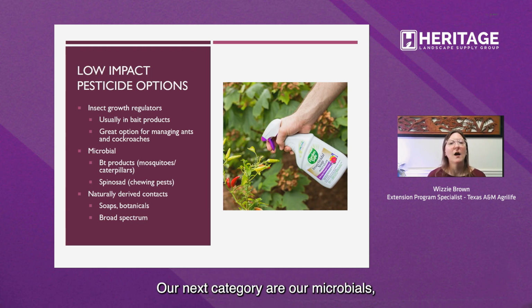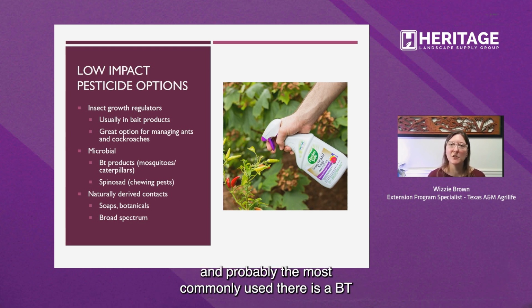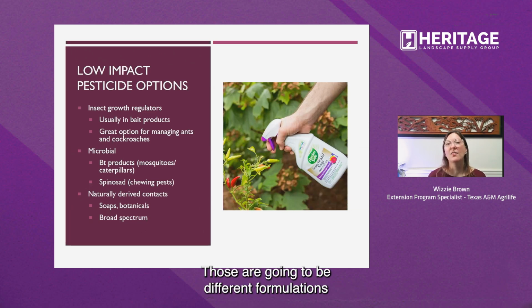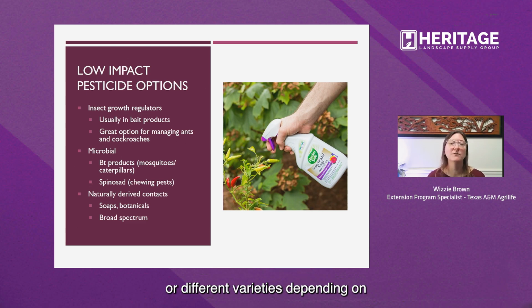Our next category are our microbials, and probably the most commonly used there is BT, or the Bacillus thuringiensis products. Those are going to be different formulations or different varieties depending on what type of insect you're trying to manage. The two most common are BT kurstaki, which targets caterpillars.